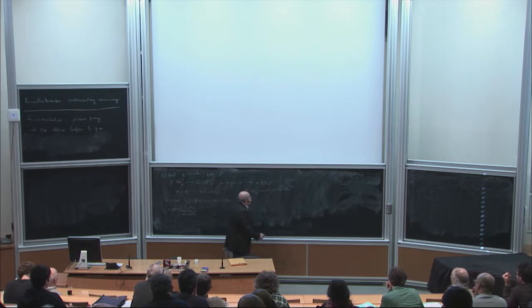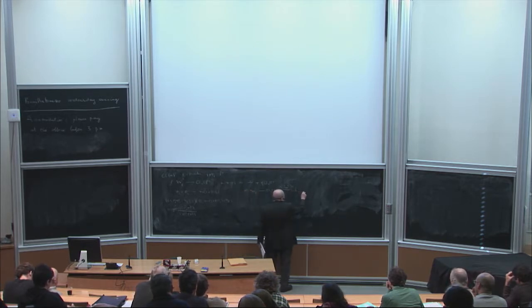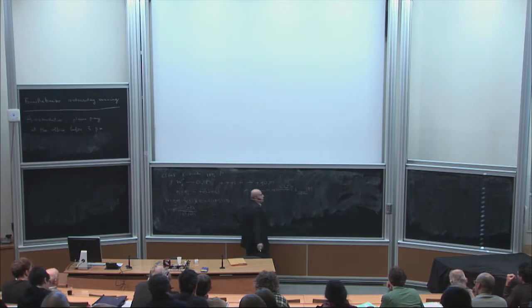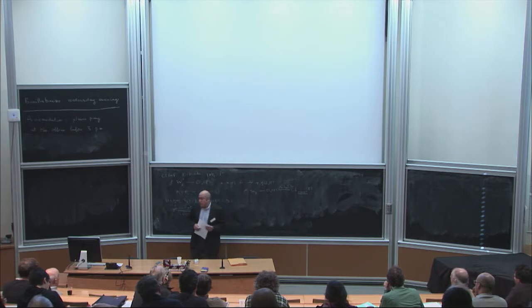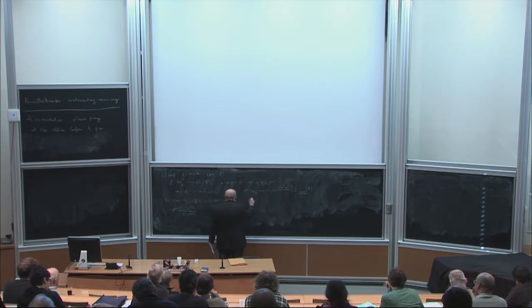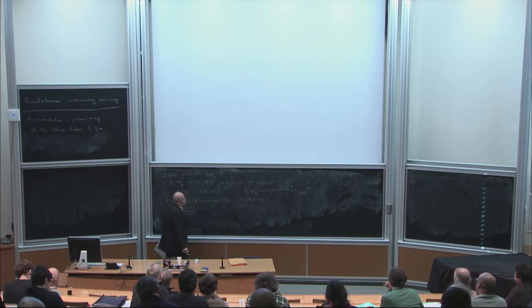So this goes to GL of n(n-1)/2 or n(n+1)/2 of C, the exterior square and symmetric square representations. Then you look at this composite map, and there are Artin factors that you can define for it.